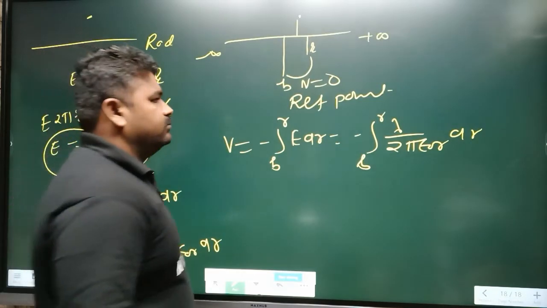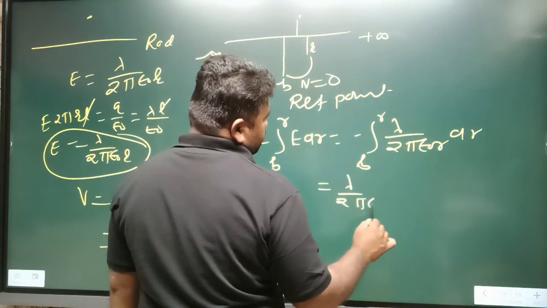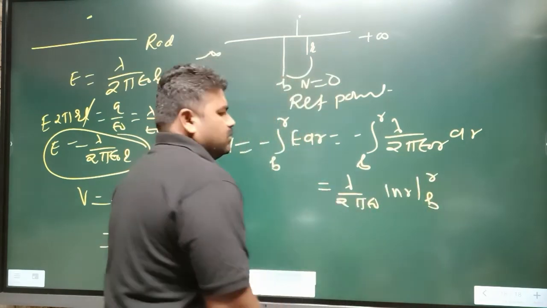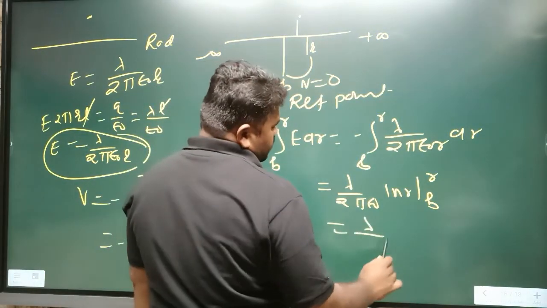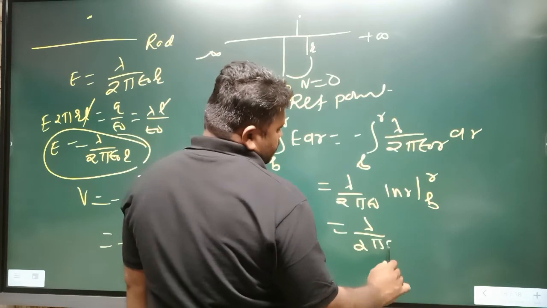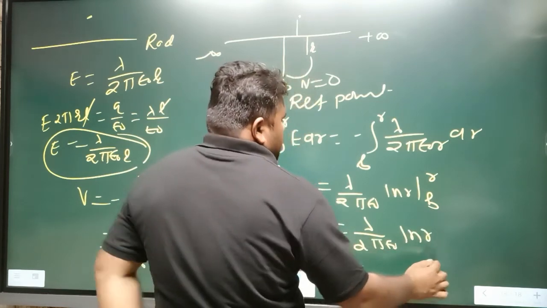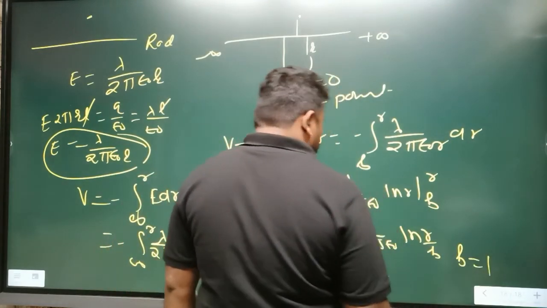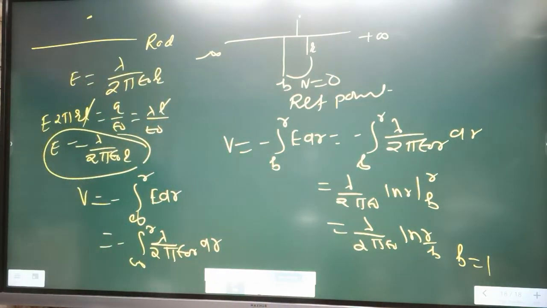This is lambda upon 2 pi epsilon naught ln r, limit B to r. This is lambda upon 2 pi epsilon naught ln r upon b. But we consider b is equal to 1. Then lambda upon 2 pi epsilon naught ln r.